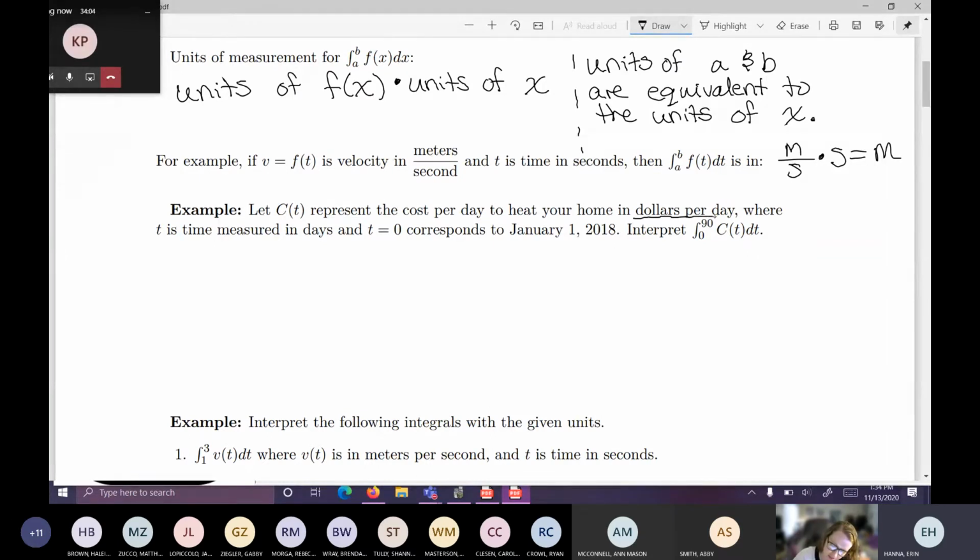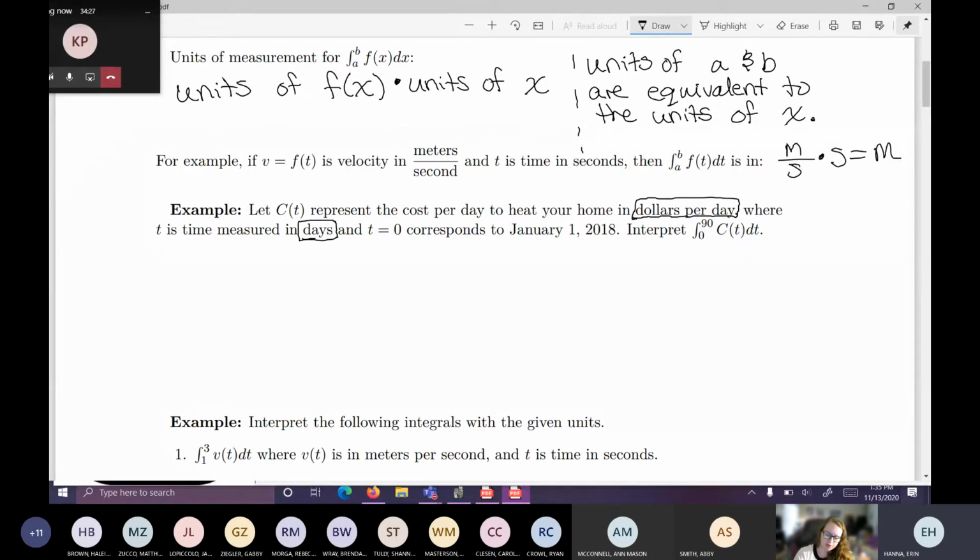So let's keep track of the units we're working with: dollars per day, where t is time measured in days. And t equals 0 corresponds to January 1st, 2018. Essentially, we're counting in days, and the 0th day is the first day of the year. And we want to interpret the integral from 0 to 90 of C of t dt.